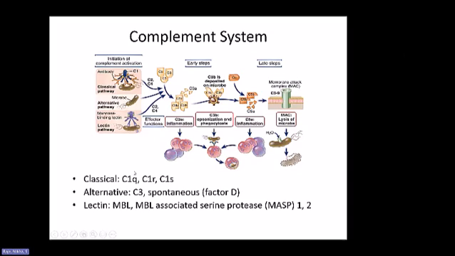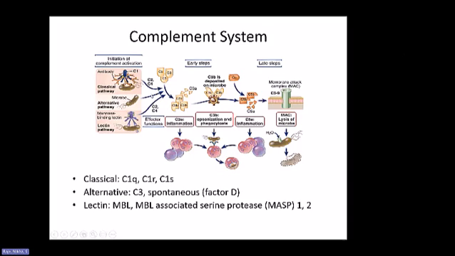So the classical pathway needs activation through C1q, C1r, and C1s. The alternative pathway is spontaneous, and it involves cleavage of C3, which, as I said, is the default, which means spontaneously C3 is being cleaved to C3a and C3b. Whereas in case of the classical pathway, it's the C1 where the antibody gets attached to it and activates this pathway, leading to C2 and C4 activation.